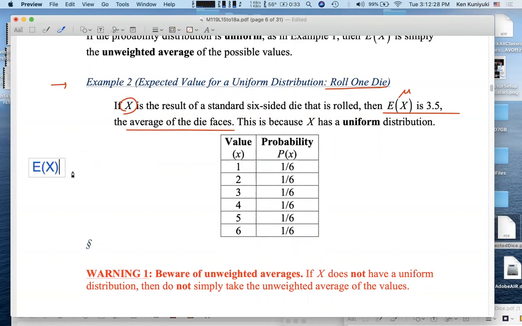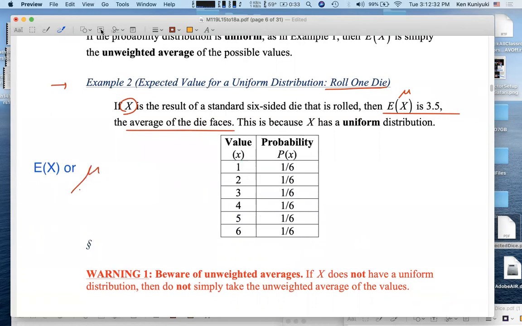The expected value of X, or mu, is given by the following fraction. We add up the various possible values of X, 1 plus 2 plus 3 plus 4 plus 5 plus 6.